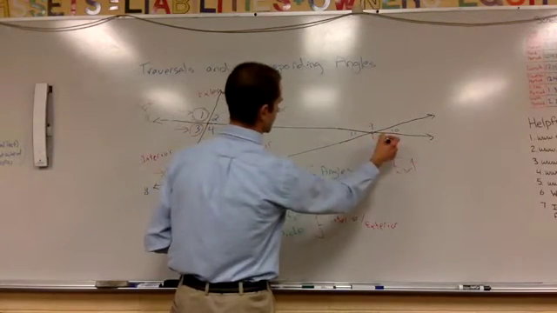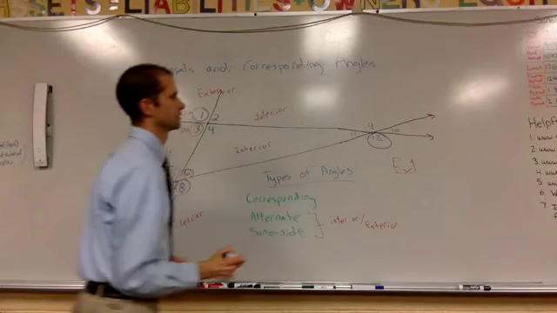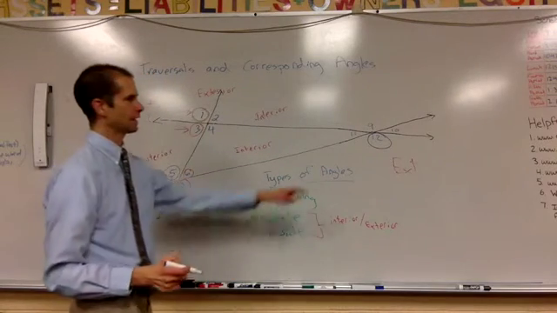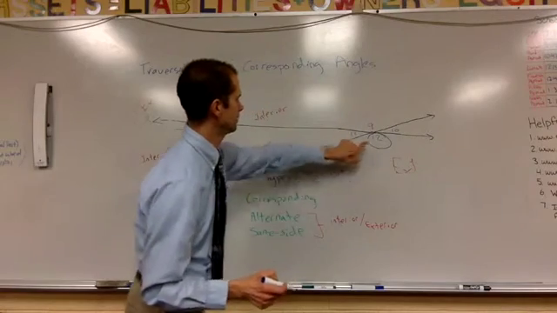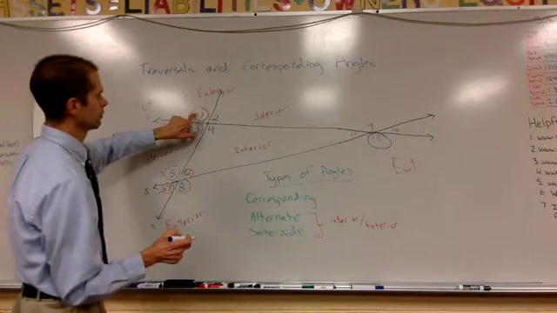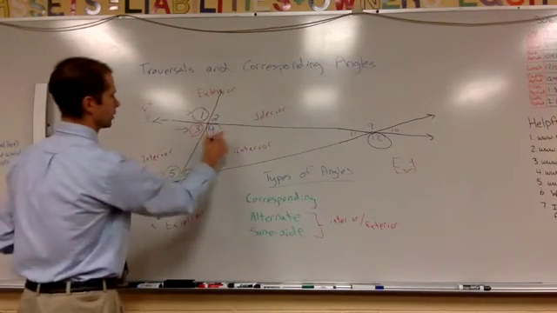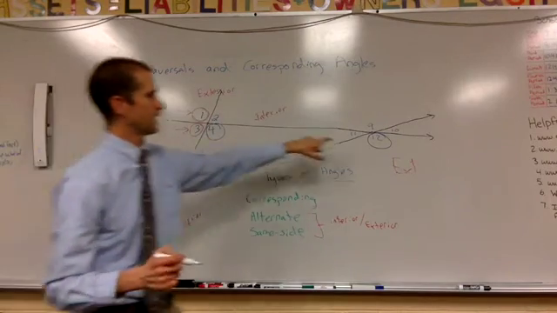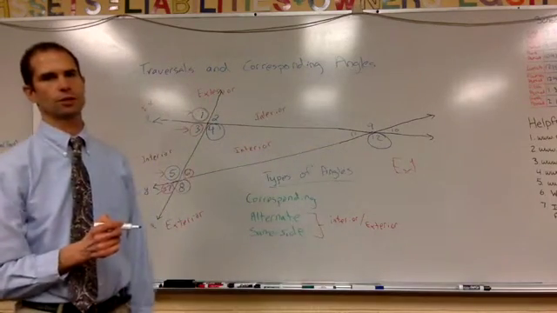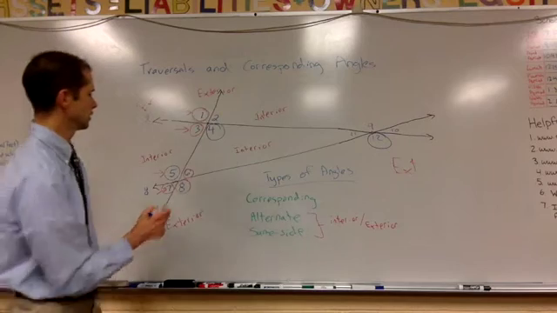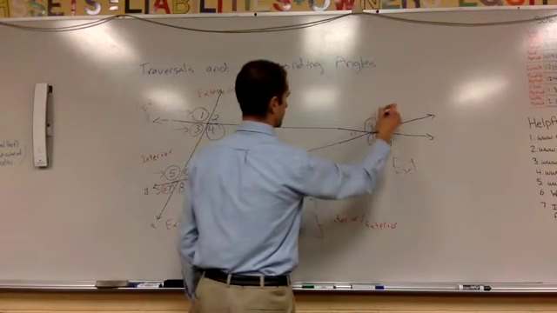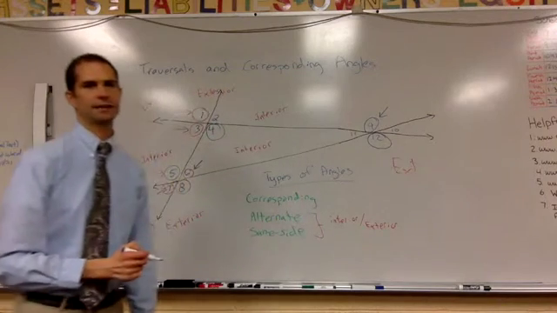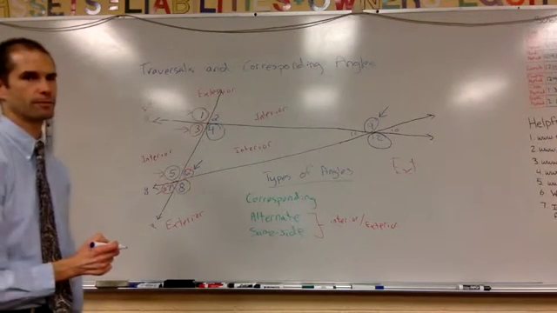Let's look at angle 12. What would a corresponding angle be for angle 12? Well, we look: it's 9, 10, 11, 12. We come over here, 1, 2, 3, 4. So angle 4 and angle 12 would be an example of a corresponding pair. We could also look at angle 6 and angle 9 as a corresponding pair.